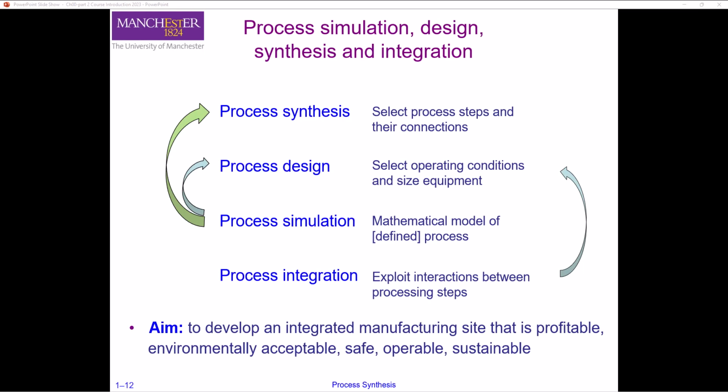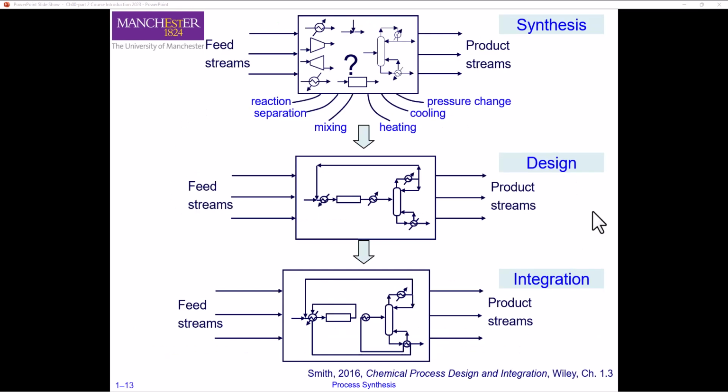So the aim of process design is to find the best process design considering the process technical feasibility, its safety in terms of operation, and profit in terms of economic considerations. The same information that I discussed in the previous slide is shown here graphically, where we have process synthesis that considers individual unit operations or equipment.